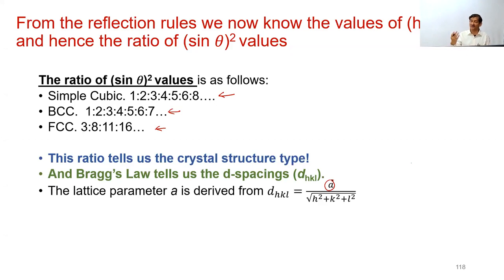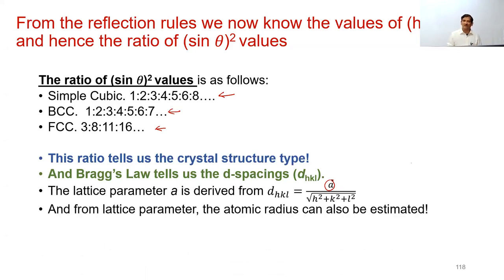So we have completely characterized a new crystalline material in terms of its crystal structure, its D spacings, and its lattice parameter A. And as you know, there are well-defined relations between the lattice parameter A and the atomic radius. In simple cubic, we saw 2 times radius equals the lattice parameter A. BCC has its own relation between lattice parameter A and atomic radius R. We saw in the previous slides there are well-defined relations.